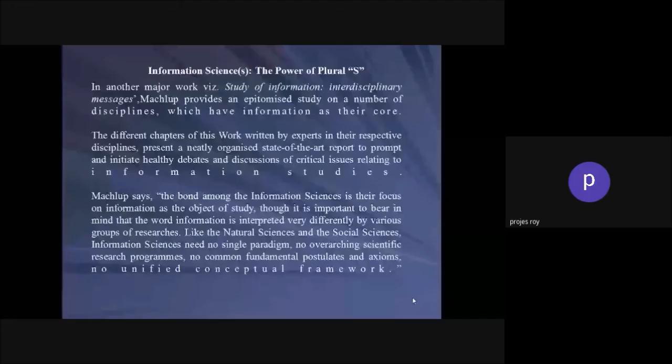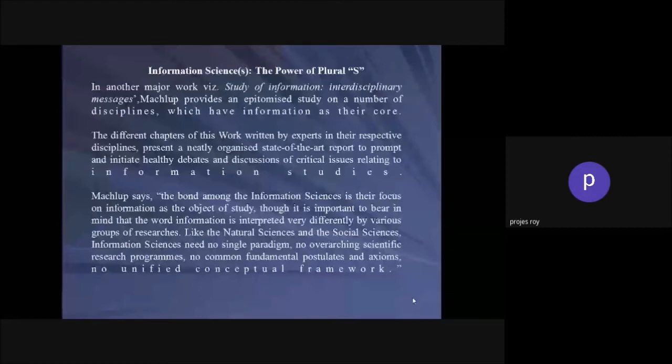Machlup says the bond among the information sciences is their focus on information as an object of study, though it is important to bear in mind that the word information is interpreted very differently by various groups of researchers, like the natural sciences and the social sciences. Information science needs no single paradigm, no overarching scientific research program, no common fundamental postulates and axioms, no unified conceptual framework.